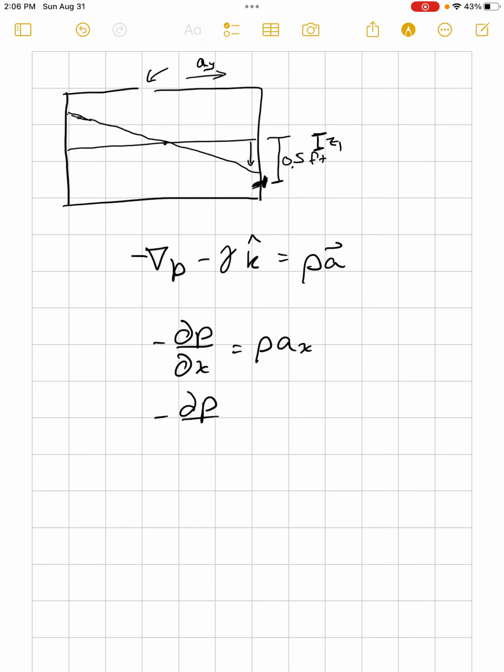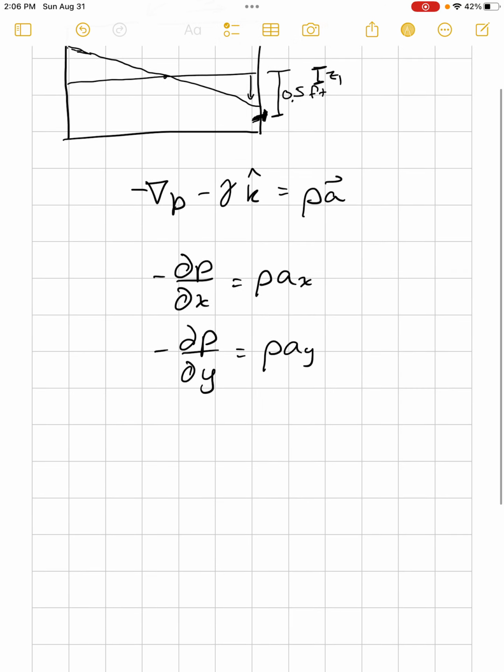We've got the negative derivative of the pressure with respect to y is equal to density times acceleration in the y direction. And then we have that pesky gravitational factor in the z direction, so we've got that the partial of the pressure with respect to the z component is actually equal to minus gamma plus density times acceleration in the z direction.